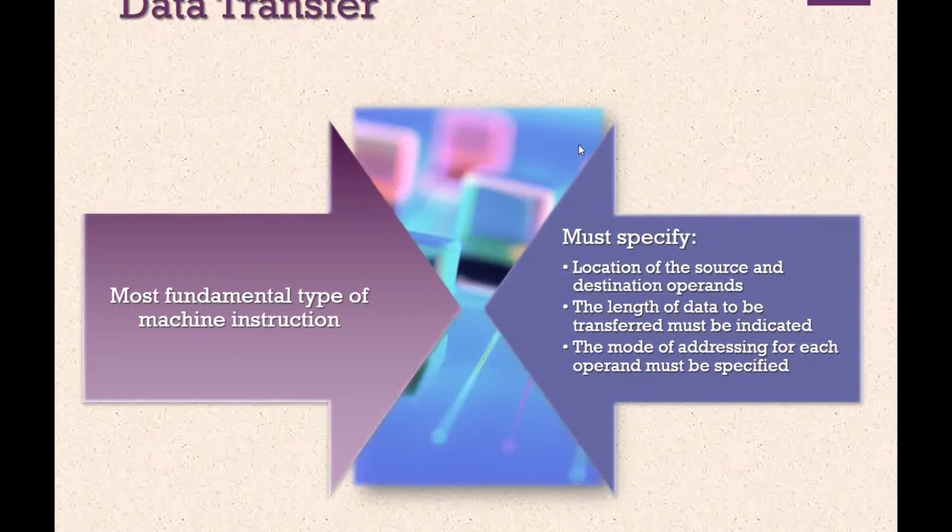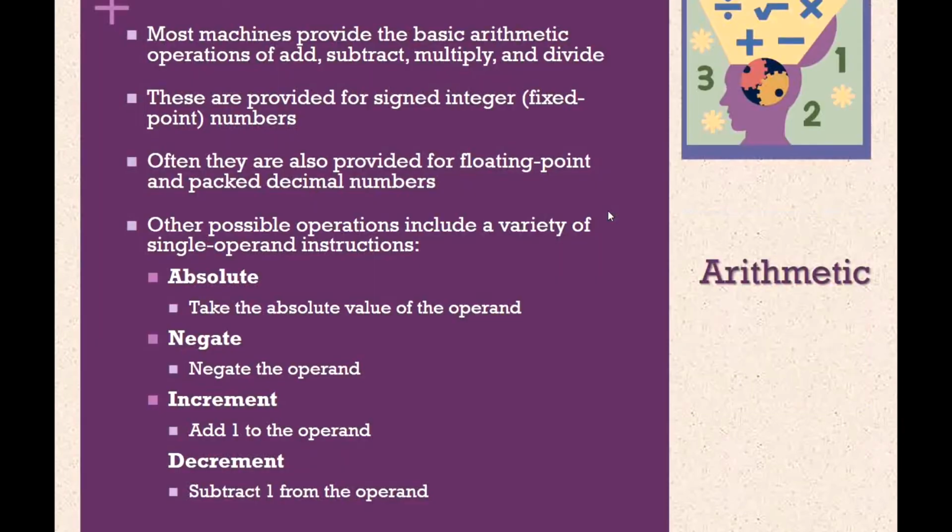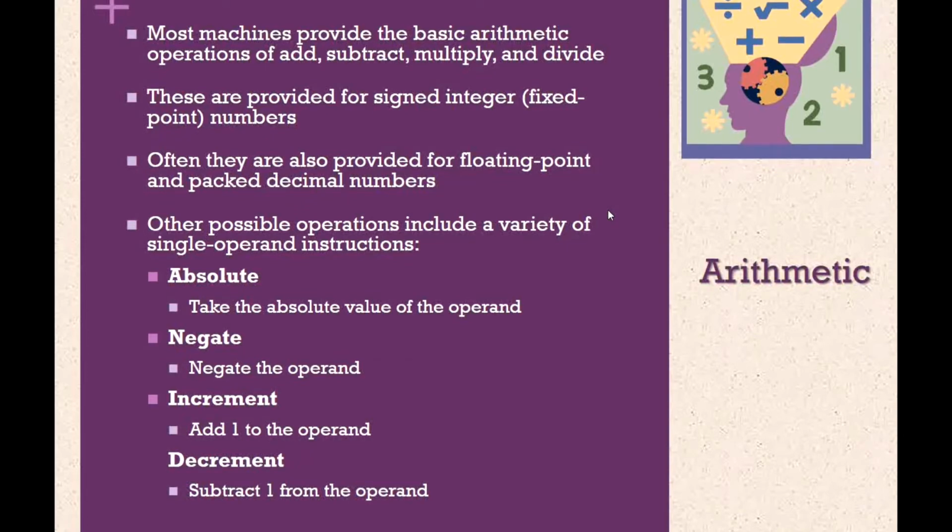The mode of addressing for each operand must be specified. In arithmetic operations, most machines provide basic arithmetic operations, as you know: addition, multiplication, division, and also squares, square roots, etc.